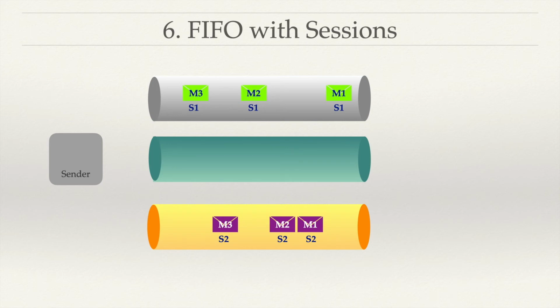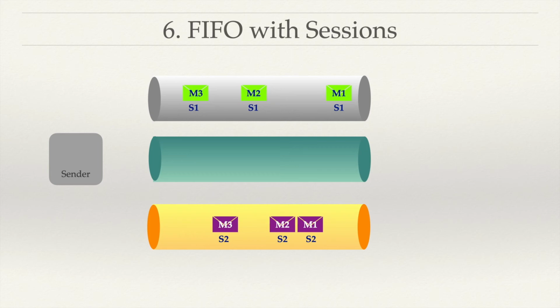So session 1 has all the messages declared with session 1, and you have the session 2 queue, which has all the messages related to session 2.